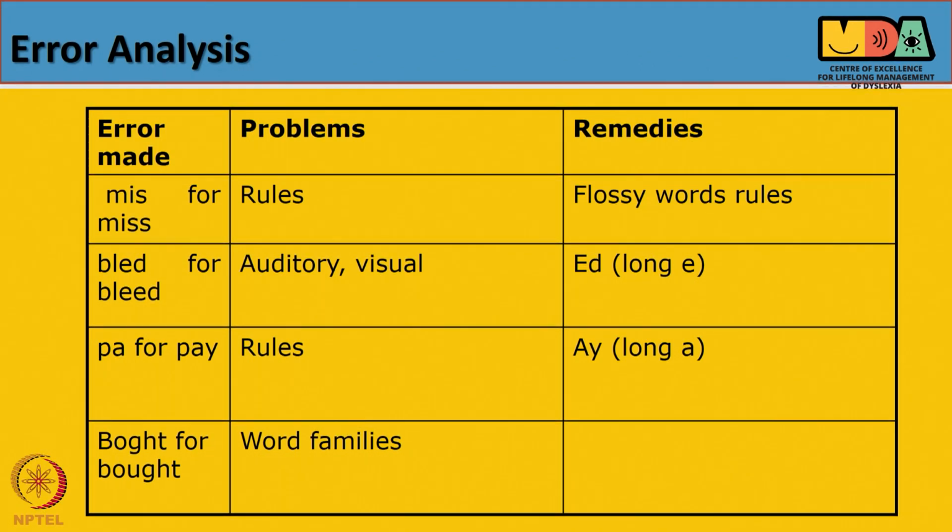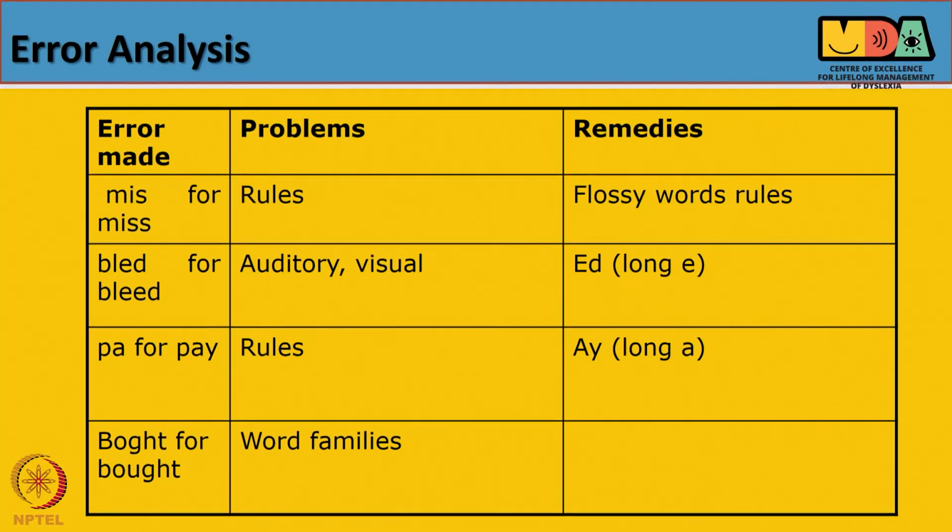The other word that I looked at is bled for bleed. Here, the child has not heard the difference between the short vowel sound and the long vowel sound. The fact is that bleed is a long vowel sound. Even visual memory or imagery has not helped him to realize the fact that there are two E's in this word.